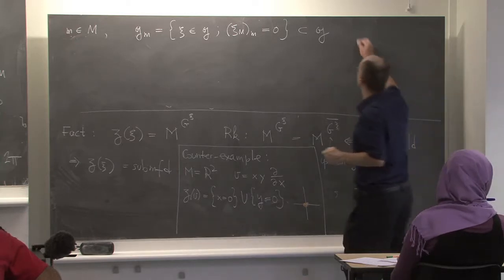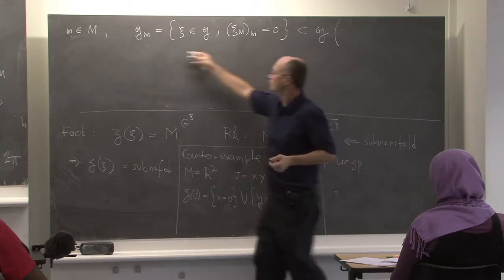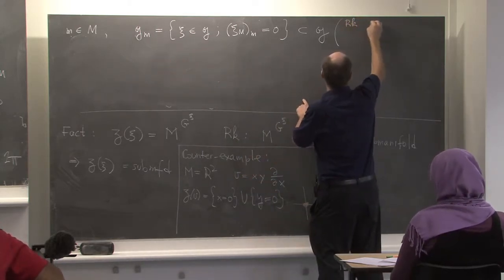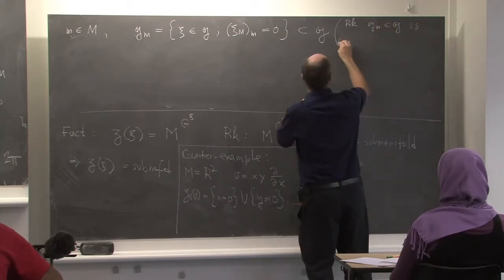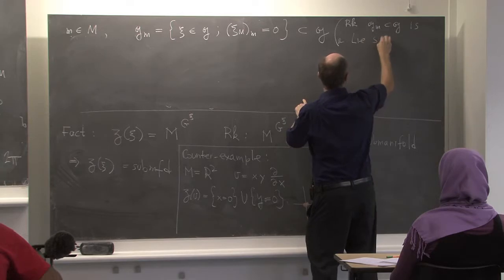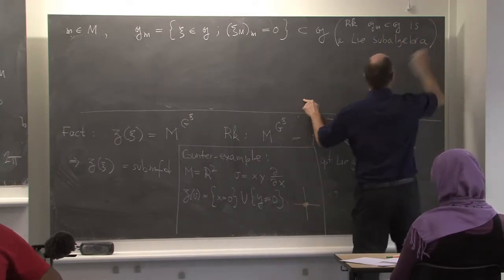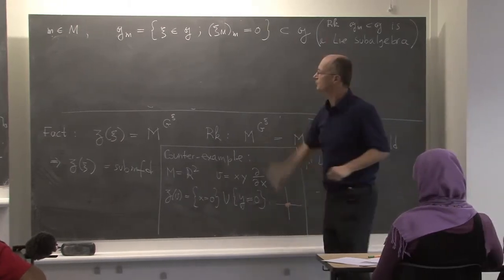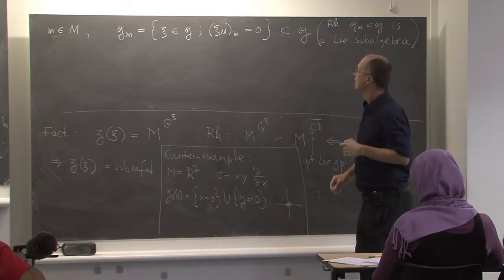Perhaps a small remark for those who know more about Lie groups and Lie algebras: g_M and g, G_M is the stabilizer's Lie algebra. But okay, for the moment, we don't need to be concerned with that.